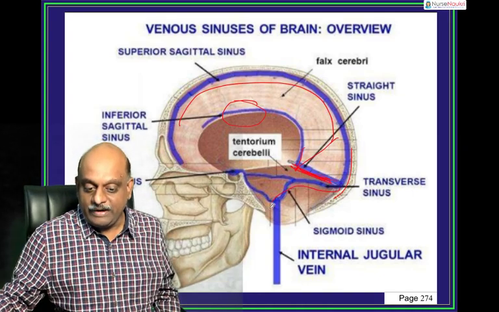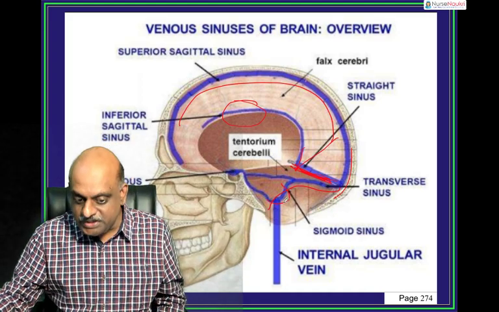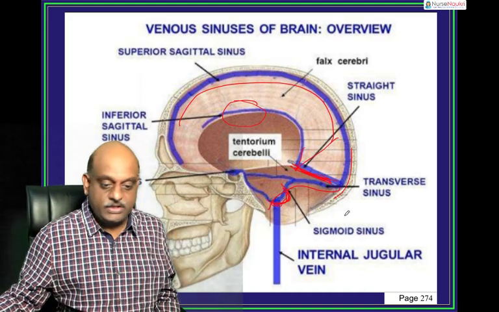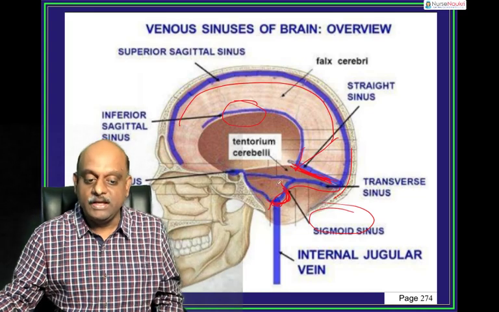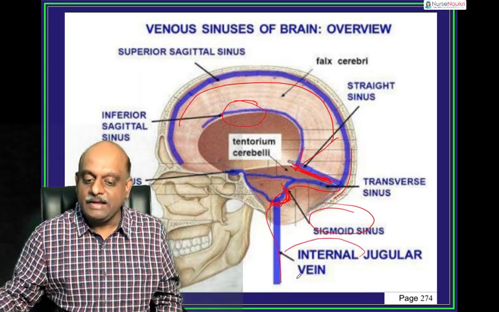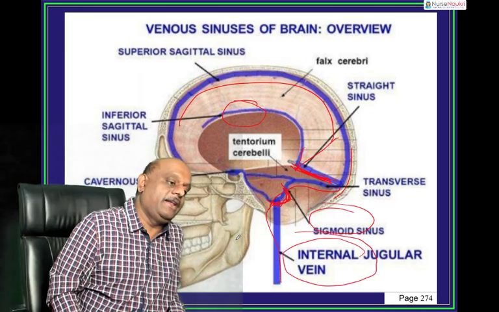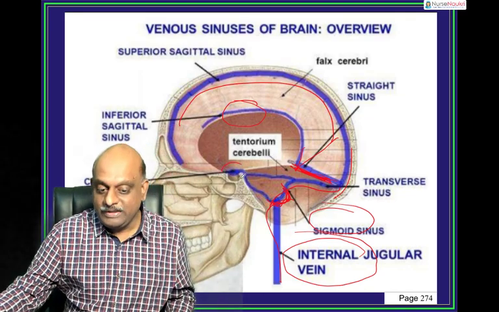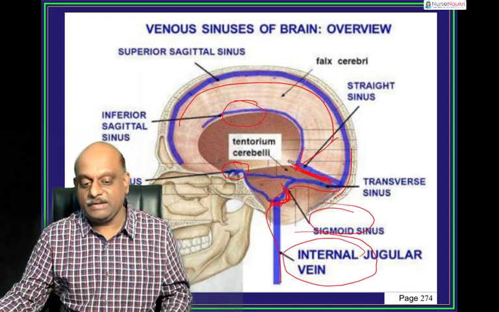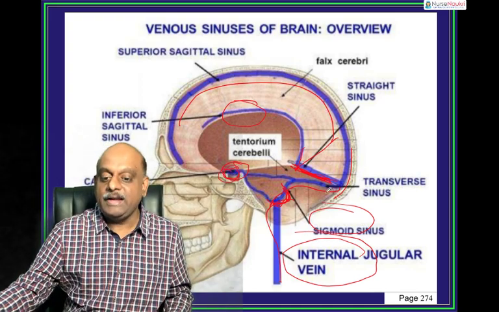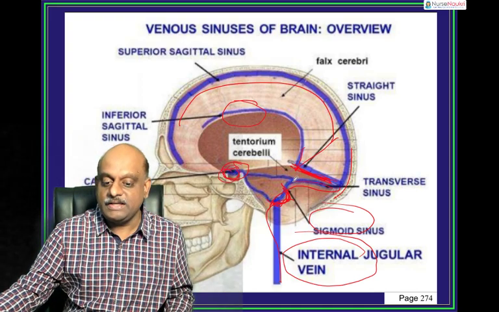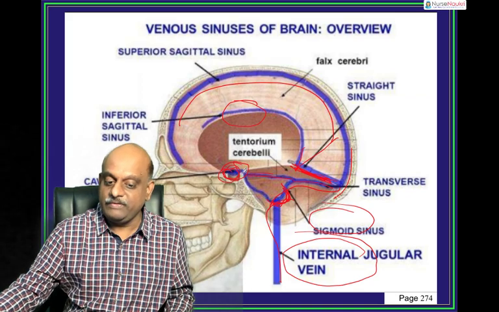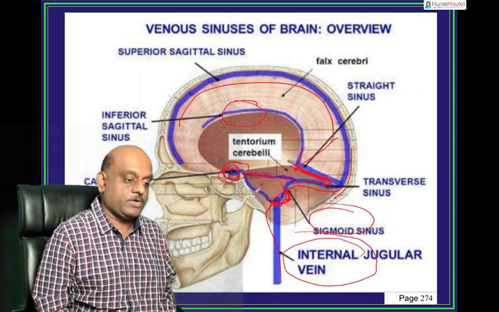Then you have a transverse sinus, which is taking a turn here, which is called the sigmoid sinus. Sigmoid se niklega, internal jugular vein is what you have to basically remember. So this is the cavernous sinus, doctor. Ultimately the transverse sinus has got a connection with the cavernous sinus is what you have to remember.